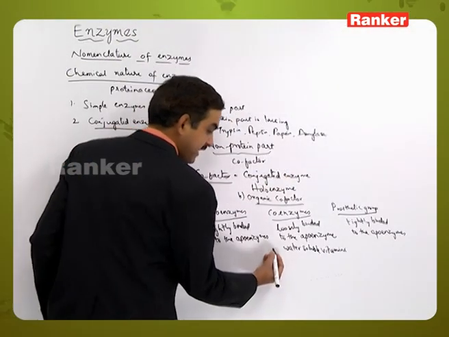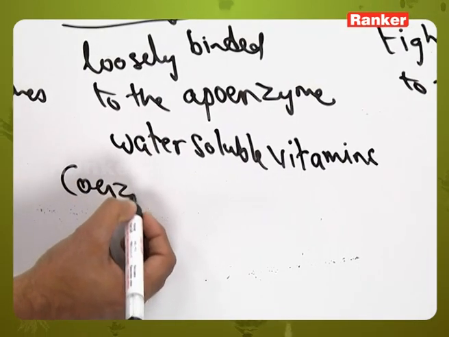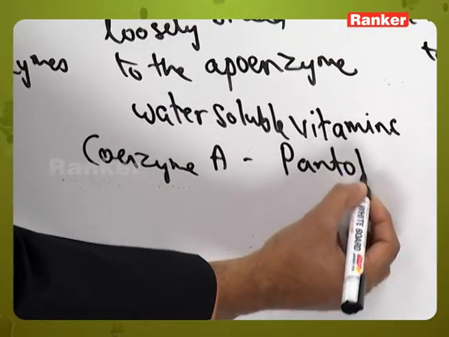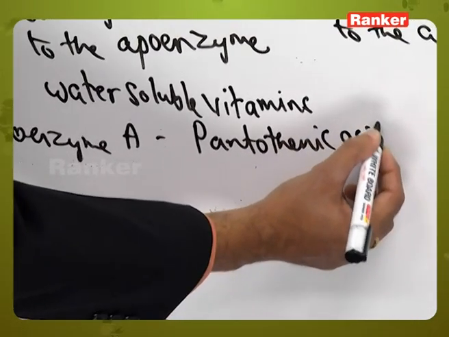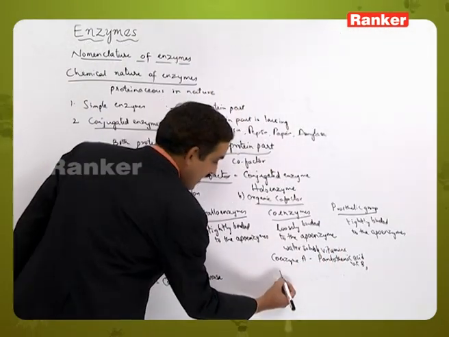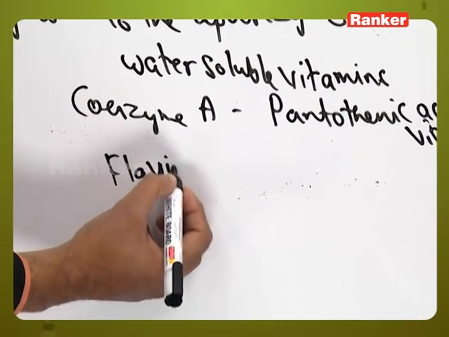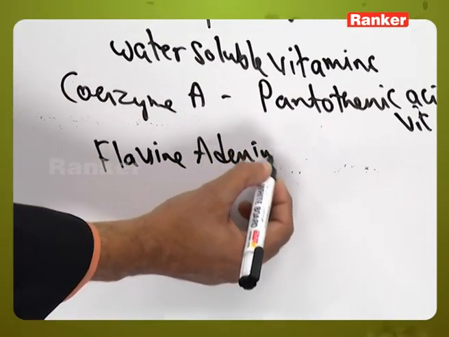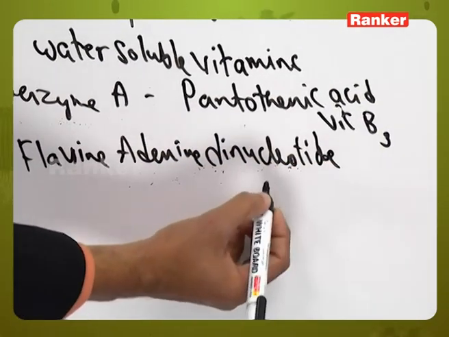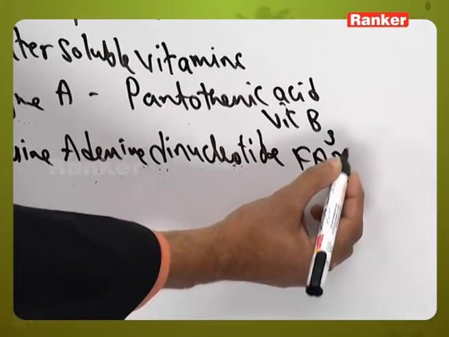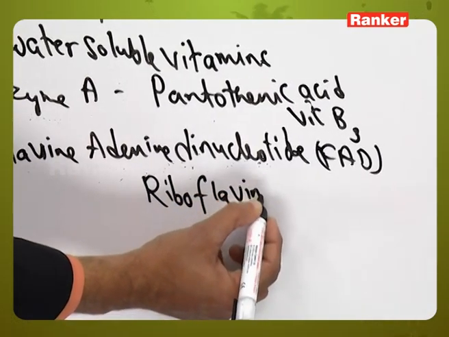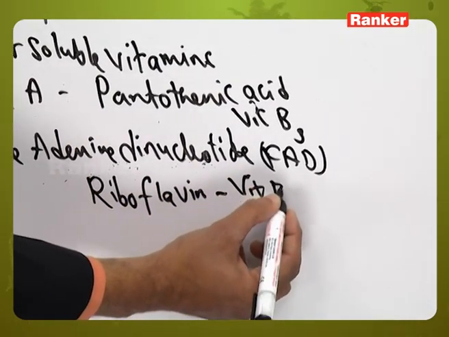Let us take some examples. Coenzyme A is derived from pantothenic acid, that is vitamin B3, and FAD, flavin adenine dinucleotide, is derived from flavin or riboflavin, that is vitamin B2.